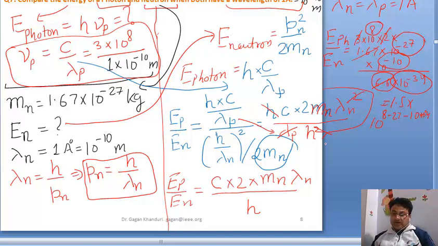So what do I have here? E photon by E neutron is going to be 1.5 into 10 raised to power, 8 and 34 is 42, minus 37. So energy of photon by energy of neutron is going to come out to be 1.5 into 10 raised to power 5, something like that.